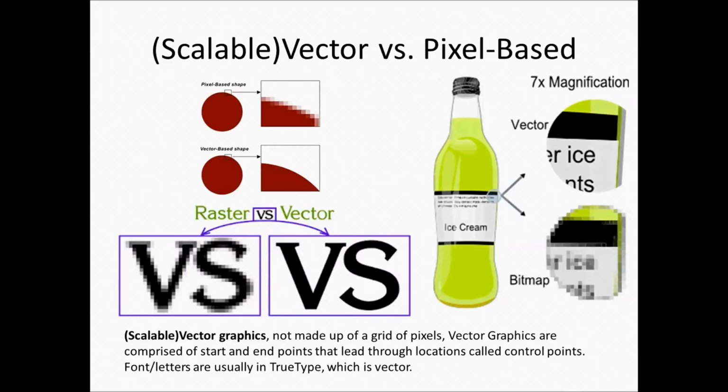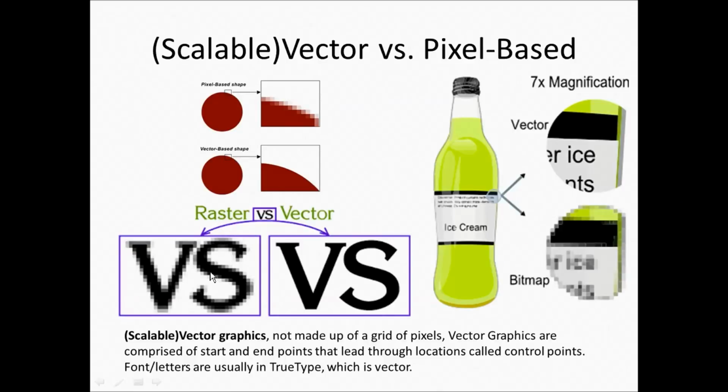Here is a good comparison of a vector image versus a pixel-based image. Vector-based images handle certain types of images really well, using very little computer processing power. Pixel-based images can be very high resolution or very low.